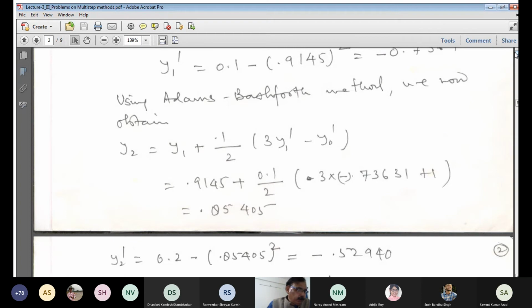How will you get y naught prime? Anybody? Sir, from the equation y dash equal to f. Exactly. y prime equal to f, so y prime at the point x naught you just find by putting x as x naught.